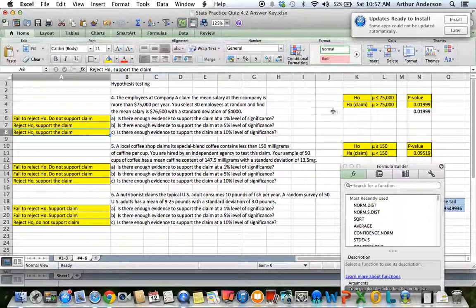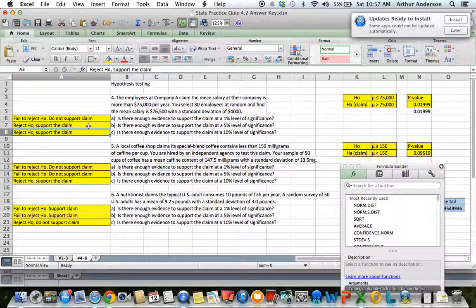So we're rejecting the fact that the mean is less than or equal to 75,000. Therefore, we're kind of accepting the alternative hypothesis, and therefore we are supporting the claim. So the answer to part C is reject the null hypothesis, meaning we are supporting the claim that the mean is probably greater than 75,000.